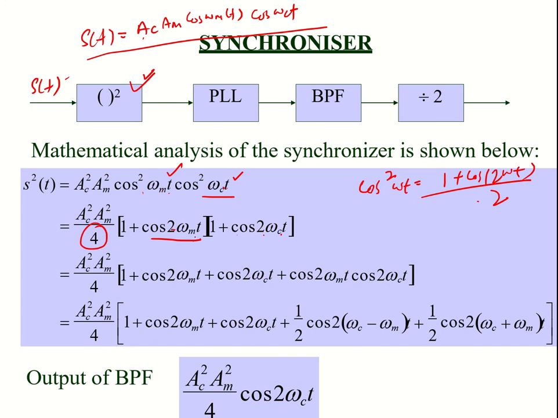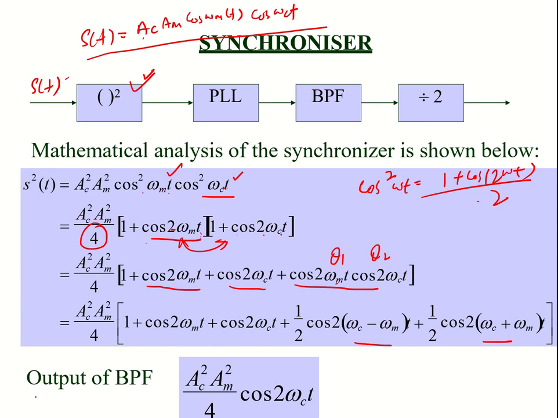If you do the cross multiplications here, we will get cosine of 2 omega t terms, and again if you apply the cosine theta 1 and theta 2 identity, we will get this output.